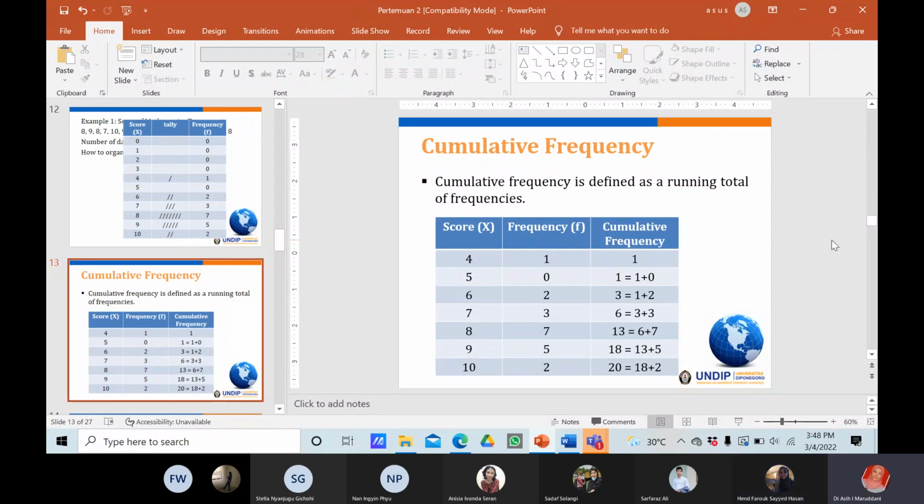Then you check that the last one should equal the number of data.